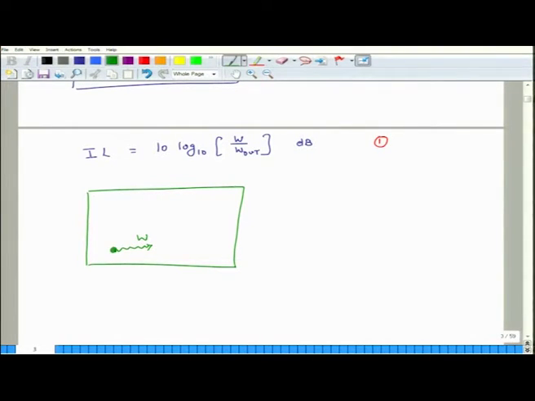Now, what happens when it hits the wall of the enclosure? So, this is the enclosure, and it has some thickness.